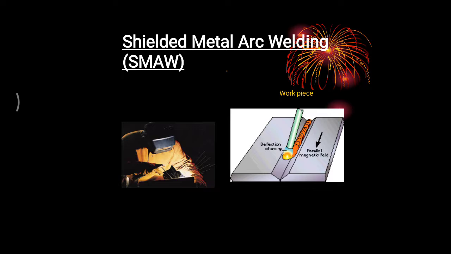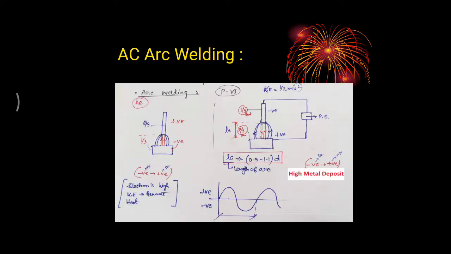I have mentioned shielded metal arc welding. Here you can have a clear picture of what is done practically. Welding is mainly done in two kinds. One is AC arc welding, another is DC arc welding. See, here are the two poles.